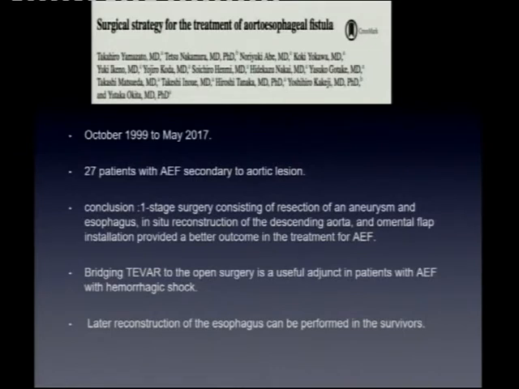Their conclusion was that staged surgery consisting of resection of the aneurysm and the esophagus in situ, with reconstruction of the descending aorta and omental flap, gives the best outcome, the aggressive treatment. Although if the patient was unstable at presentation, they recommended thoracic endovascular aortic repair and later reconstruction if he survived the first procedure.